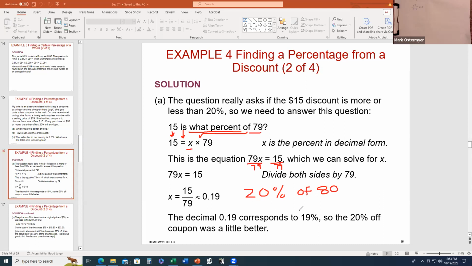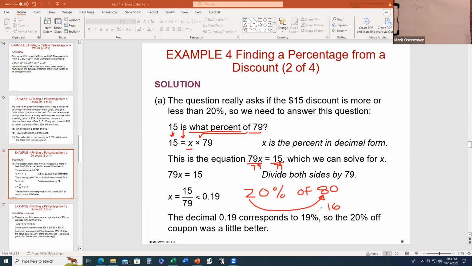All right, what's 2 times 8? 2 times 8 gives you 16, correct? So 20% of 80 is what? $16. So that's $16 off. Do you agree that's a little better than $15 off? Okay. Not by much, but it is.